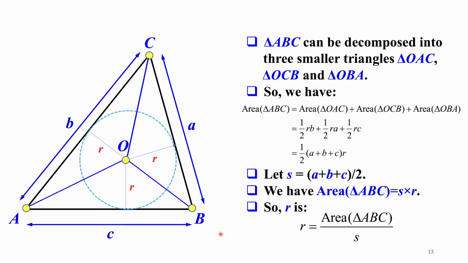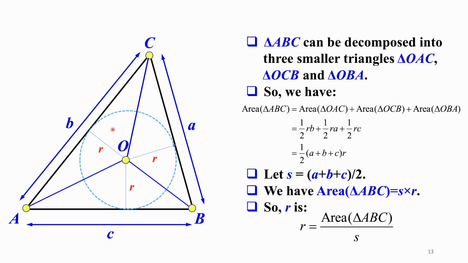You probably have learned it in your high school geometry textbook. Triangle ABC has an incenter O. So these three triangles OAC, OBC, and OAB cut the given triangle ABC into three.